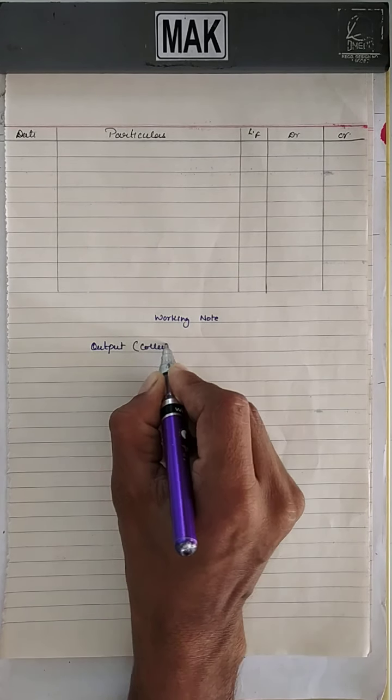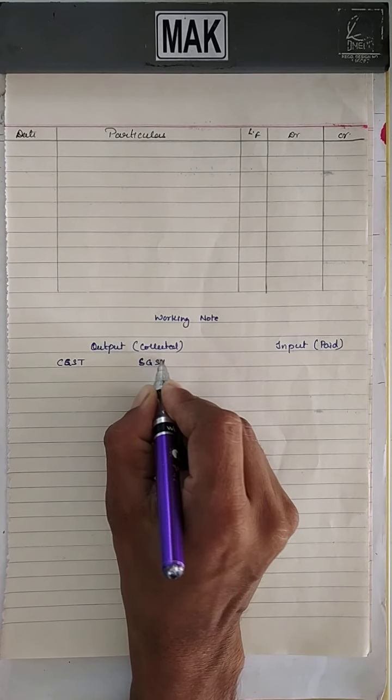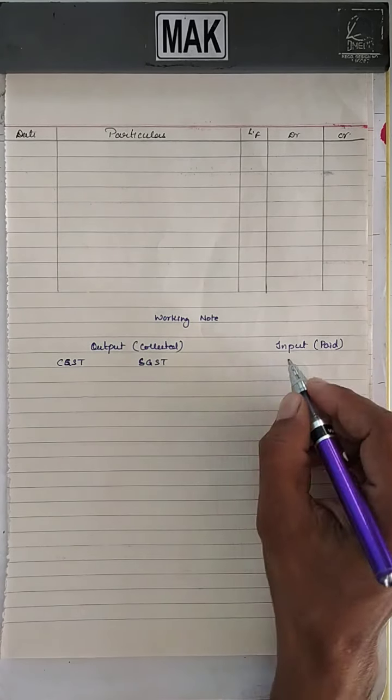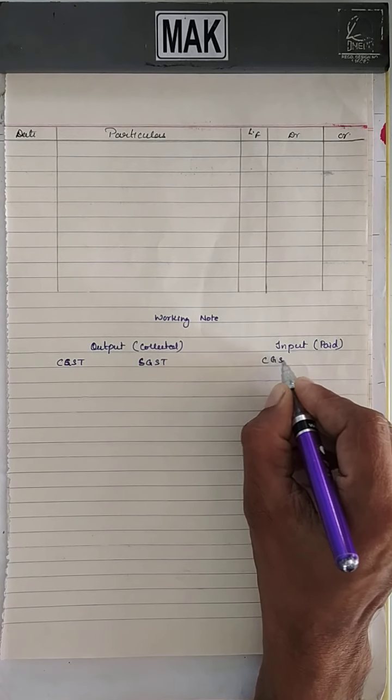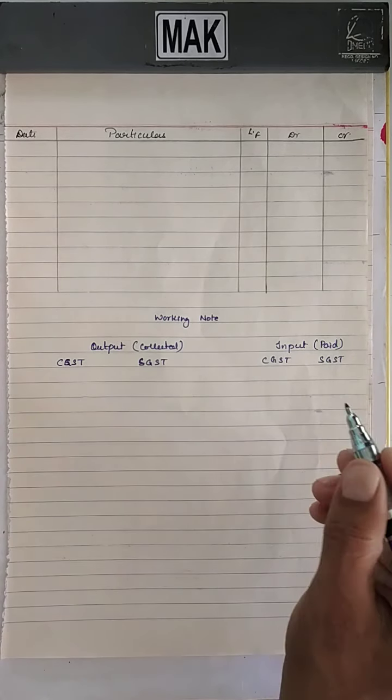So here we have CGST and SGST, here also CGST and SGST, all amounts we will write separately.